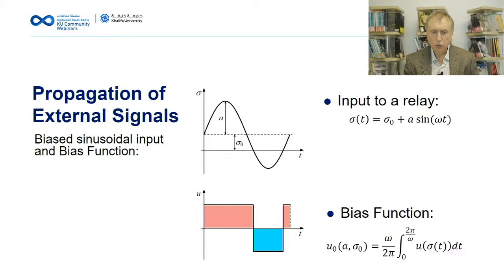Now what we are going to consider is the averaged value of the output of the relay, or the averaged control, which is labeled here as U0. And of course it is given through this integral, or geometrically it is the difference between those two areas, the red area and blue area in this figure. So this is what corresponds to U0.